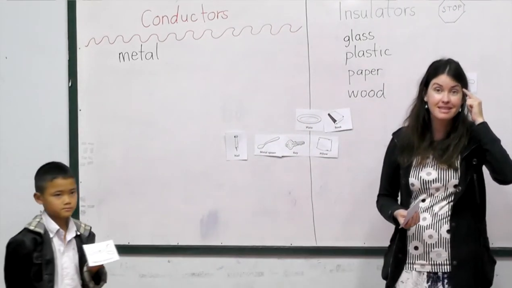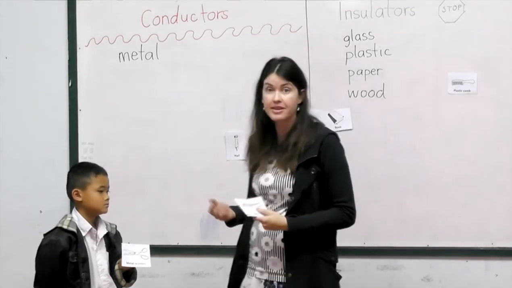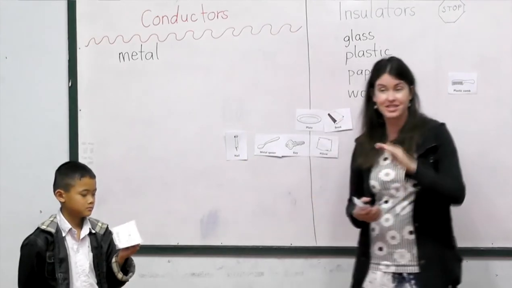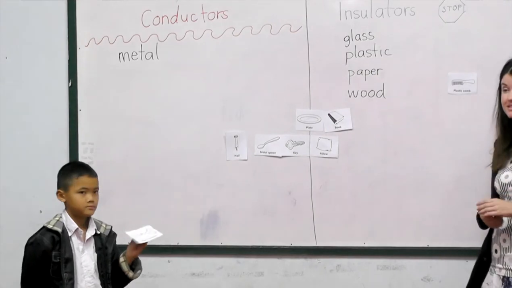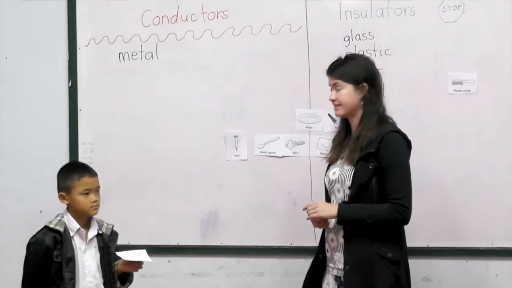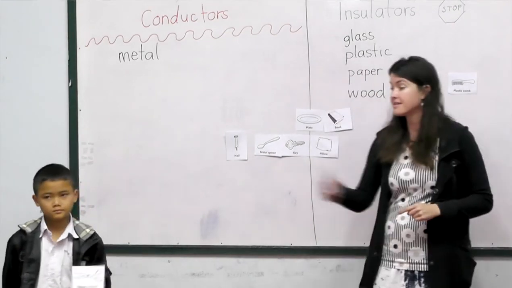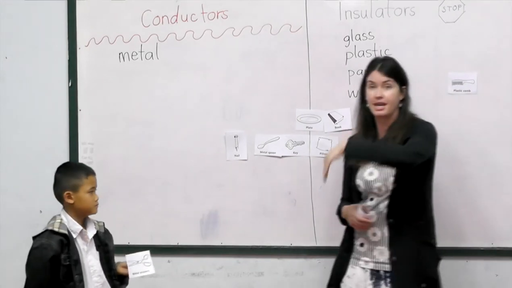When we see metal, that's a good clue that it's going to be a conductor. That electricity can move through it. That's right. When we see metal, we think that's probably going to be a conductor.